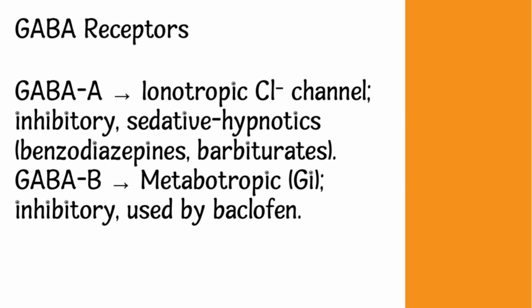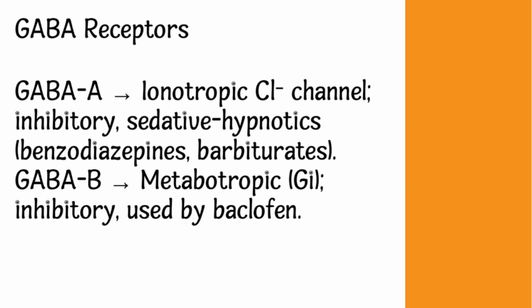Now we have the GABA receptors. These are a very important class of receptors. We have the GABA A. The GABA A are ionotropic chloride channels. So they carry out inhibitory, sedative, hypnotic functions.